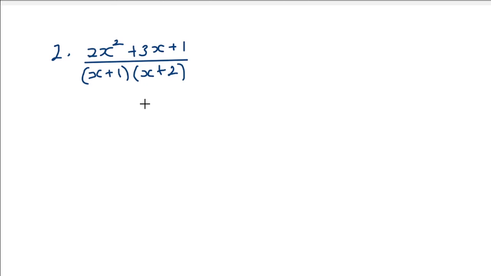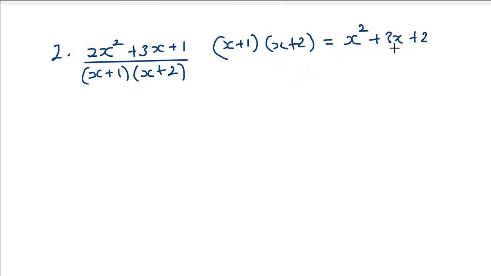So what do we get here? Before we go there, we cannot divide with this expression in this form. So we need to get an alternative expression of this, x plus 1 into x plus 2. And this we know by expansion, this will be x squared plus 3x plus 2. So we are going to divide by this.